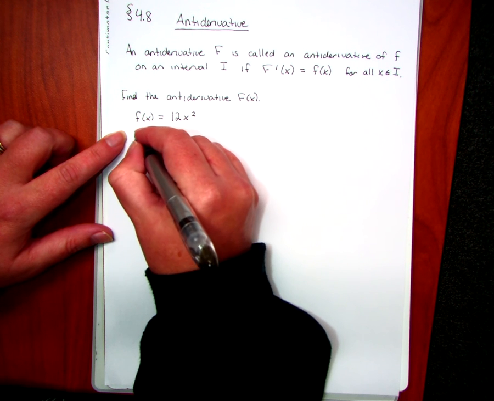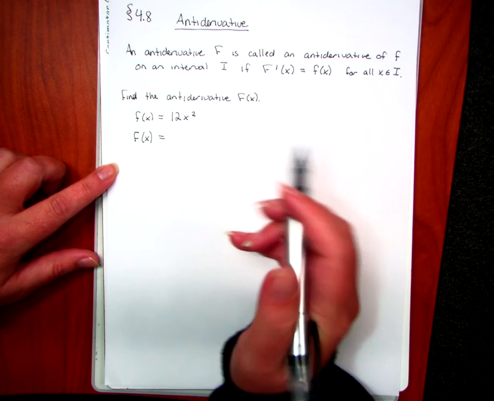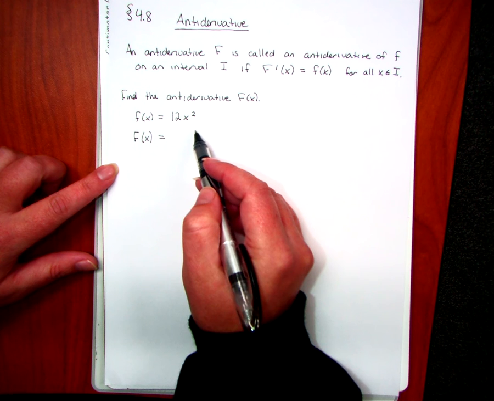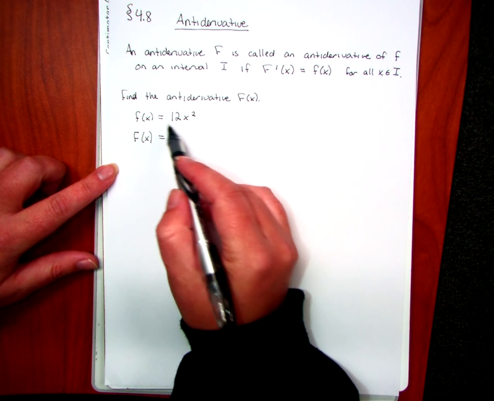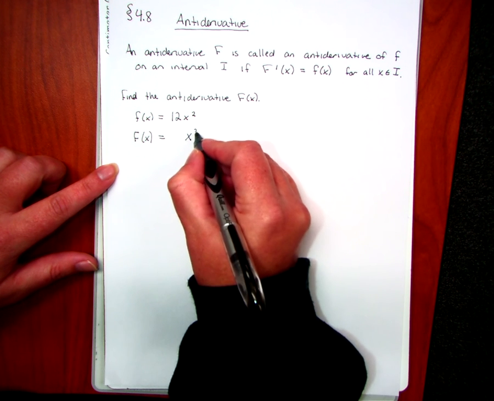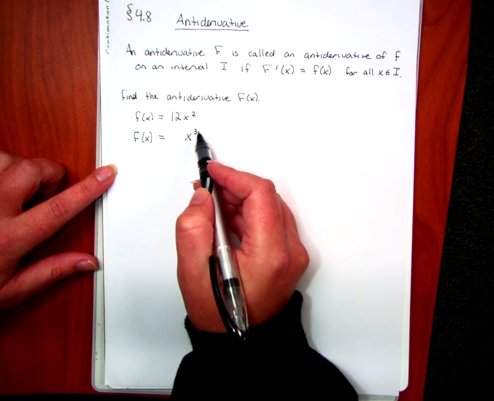So the general antiderivative, remember when we differentiate, we bring the power down, multiply it times the constant, and then subtract 1 from the power. So if little f has an x squared, the antiderivative should have an x cubed, right? So when I differentiate x cubed, I get 3x squared.